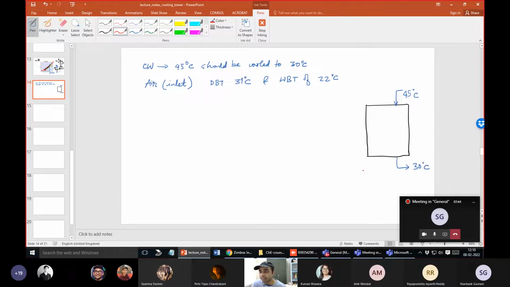The air which comes in has a temperature of 31 degrees centigrade and wet bulb temperature of 22 degrees centigrade. The information at the exit is not provided, and that is something you have to find out.